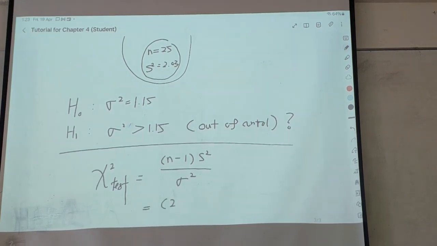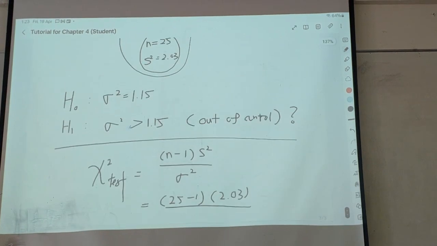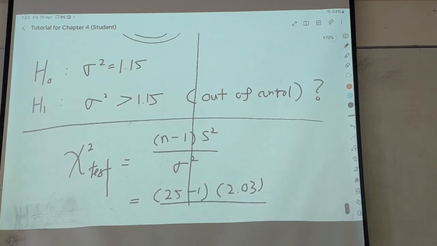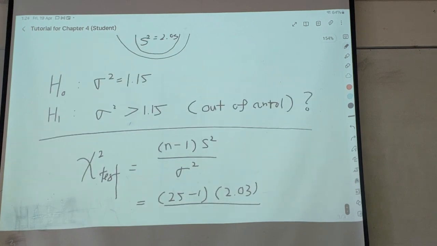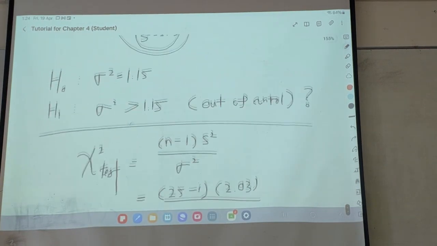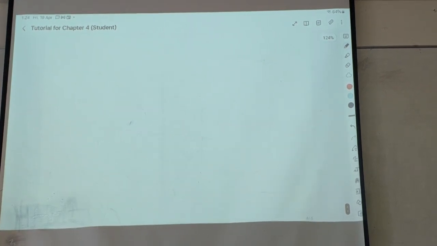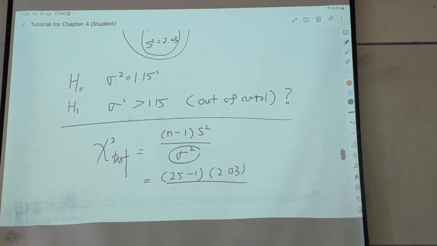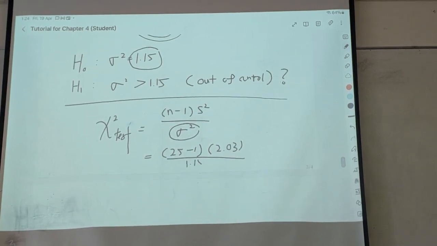We have 25 minus 1, then s squared 2.03 divided by 1.15.